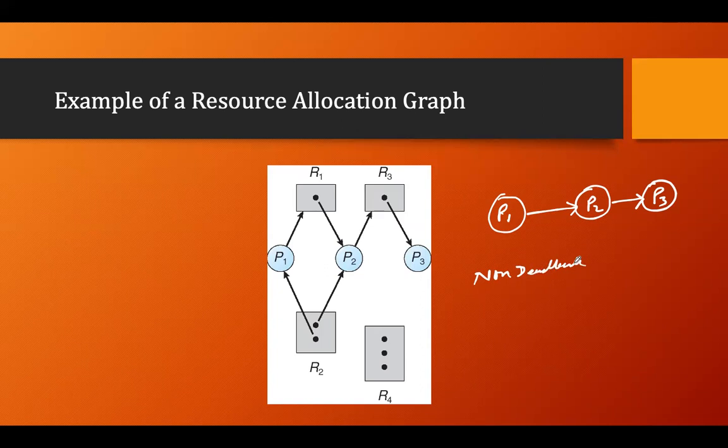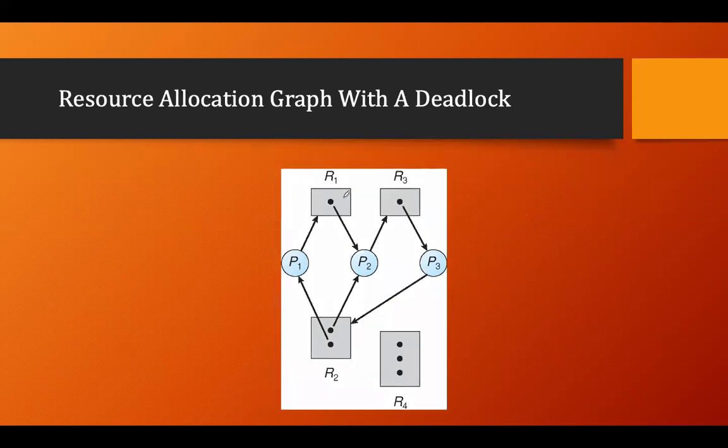This is also an example, with and without a deadlock. So here we have the deadlock. You can see here P1 is requesting R1, but R1 is held by P2. P2 is requesting R3, which is held by P3, but P3 is requesting R2, which is held by P1. So it is like this.